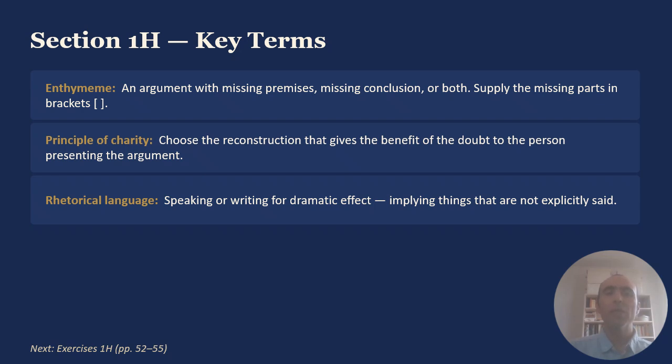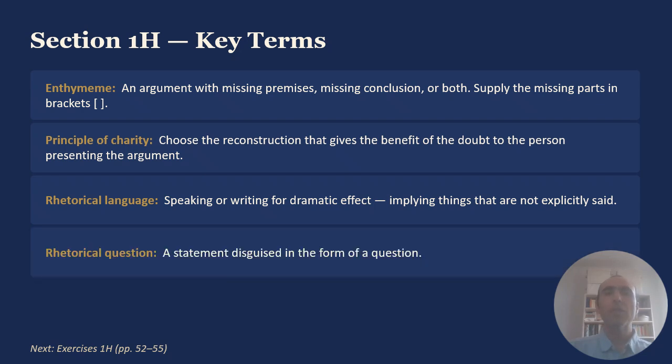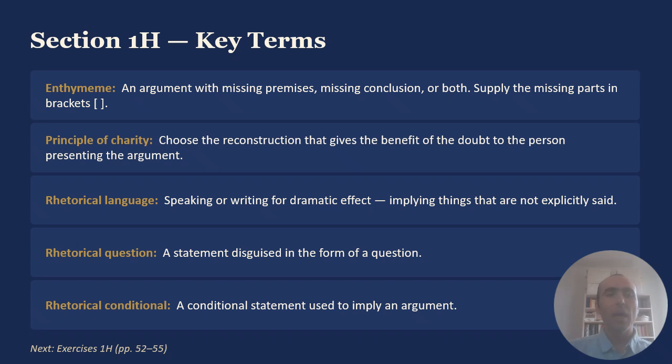Rhetorical language is used when speaking or writing for dramatic effect, implying things that are not explicitly said. In rhetorical language, we find rhetorical questions, that are statements disguised in the form of questions, and rhetorical conditionals, that are conditional statements used to imply an argument.